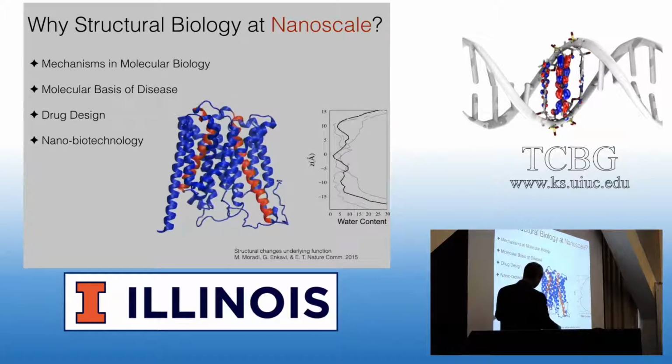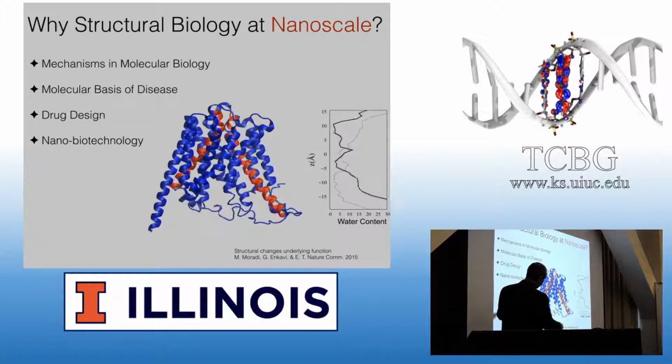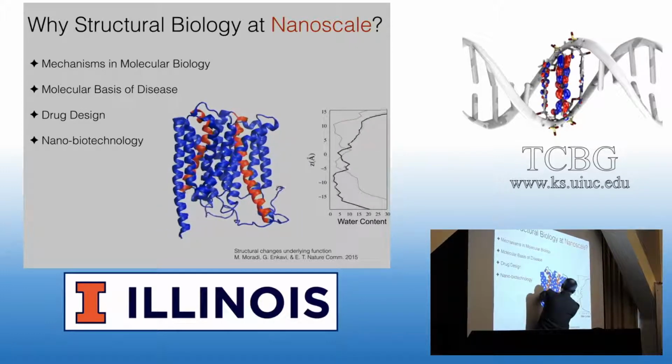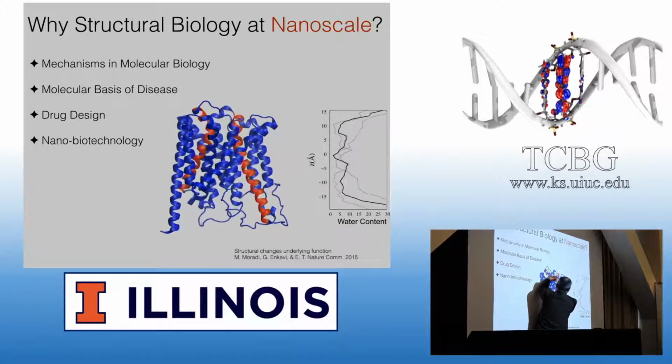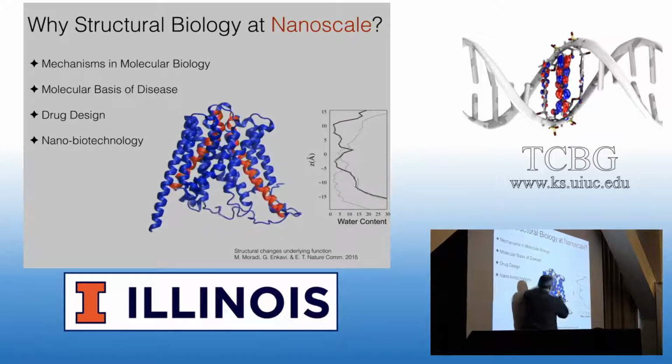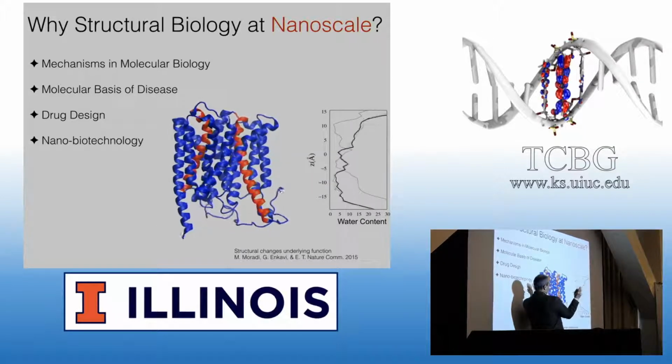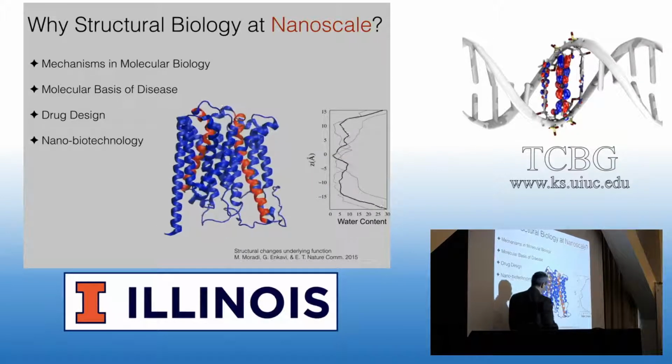And then watch, for example, how the water content of this half changes and how the water content of this half changes as you go from inward-facing to outward-facing form of this protein during the cycle.